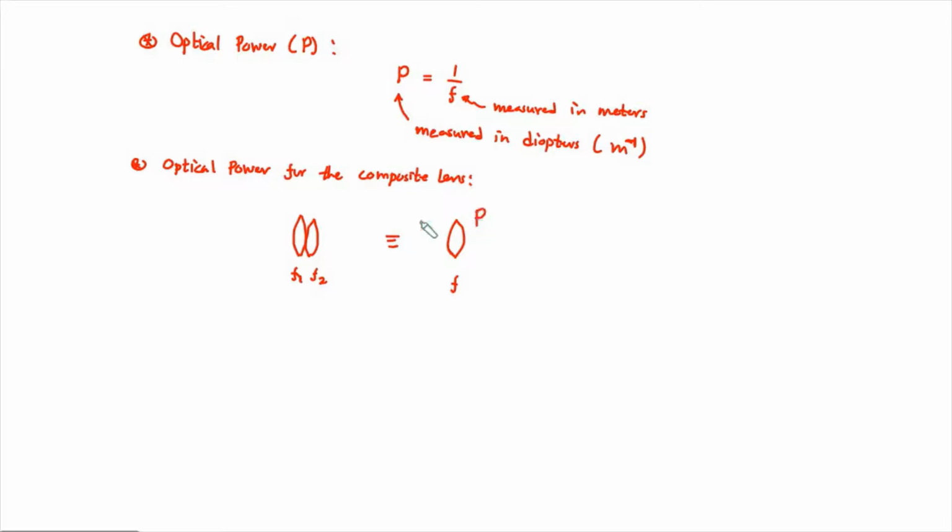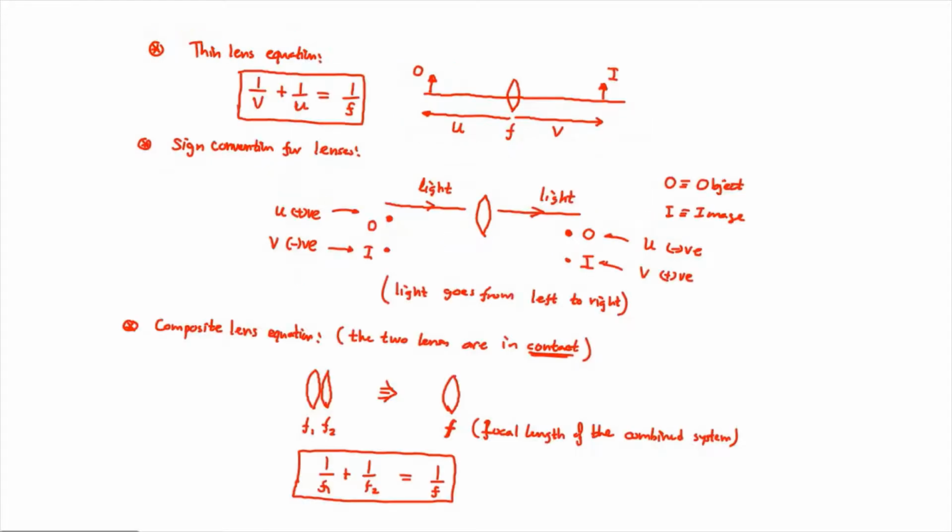So here, let's say optical power is P, here it's P1 and P2. In terms of optical power, it's simply the sum of the individual optical powers, P1 plus P2. So these are the important things that you need to know before solving this problem: optical power for the composite lens, composite lens equation, sign convention for lenses, thin lens equation.